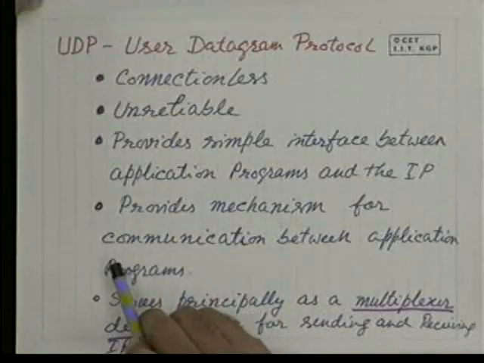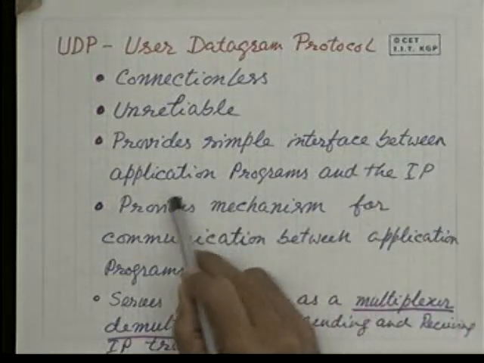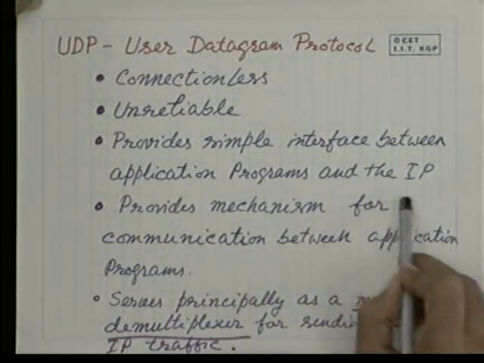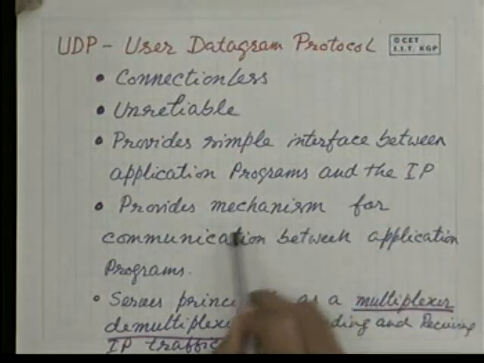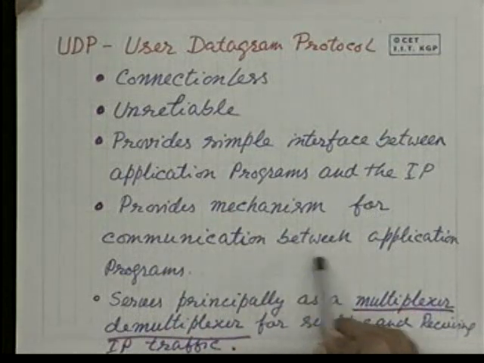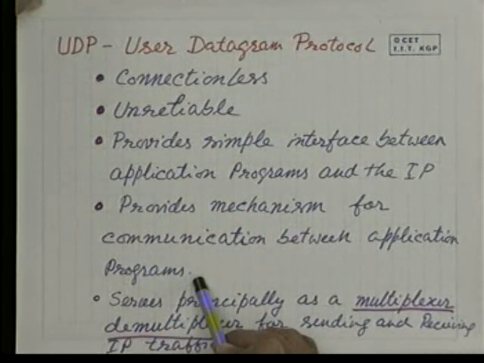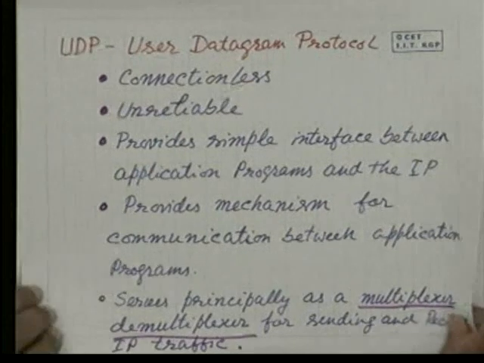What it really adds is a simple interface between the application programs and the Internet protocol layer. And by doing so, it provides a mechanism for communication between application programs on two sides. Essentially, it serves as a multiplexer demultiplexer for sending and receiving IP traffic.